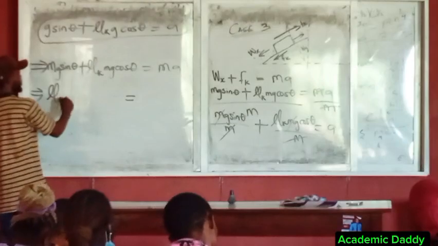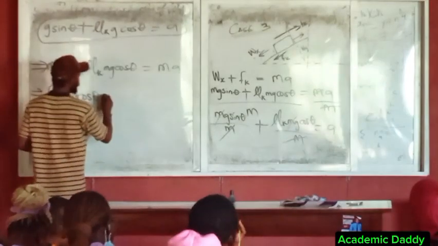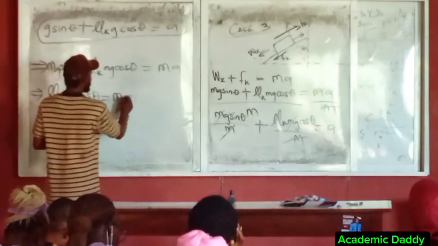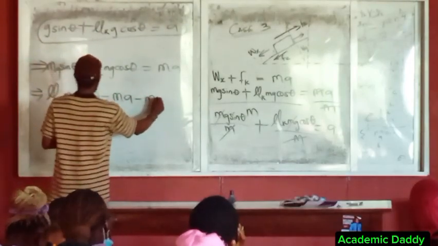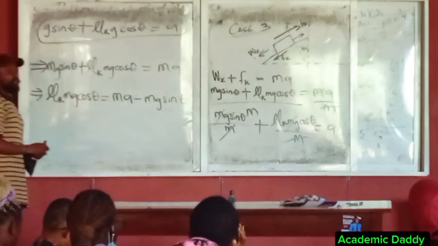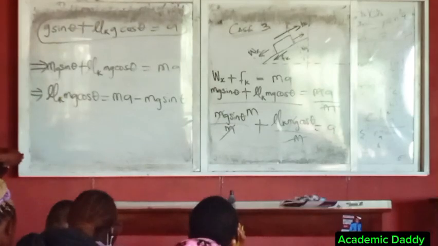So I have the coefficient of kinetic friction times mg cos theta equals ma minus mg sin theta. Please, there is no way you move it that should be a problem, because once we employ all those mathematical principles, we still get the same thing.